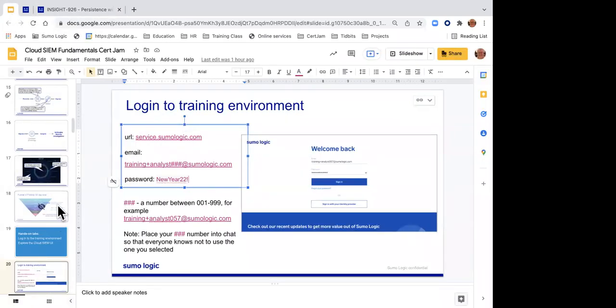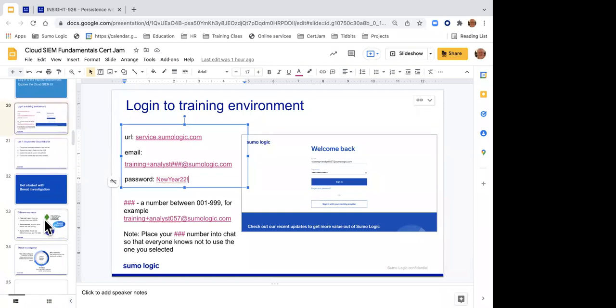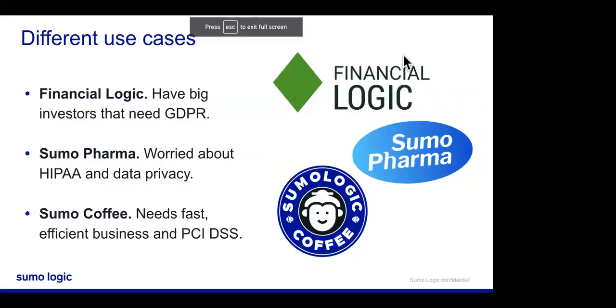All right. So back to our slides for a second. Let us talk a little bit about our scenarios. In this class, we have set up three different use cases. One, we have a company, Financial Logic, which has big investors, and because they're based in Europe, they deal with GDPR.